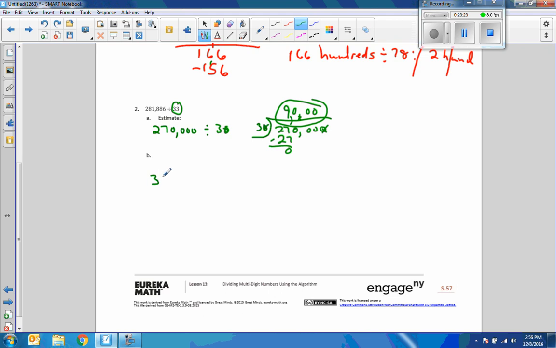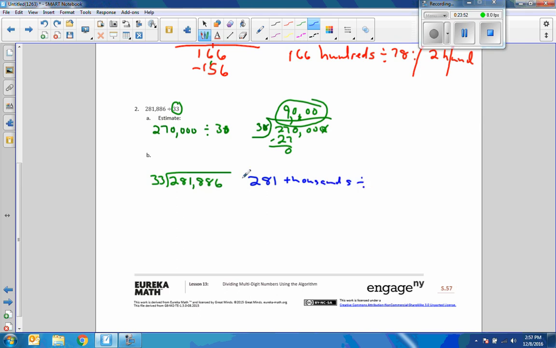Okay, now let's do the actual. So I'm going to take 33. Let's see how many times it goes into 281,886. 33 will not go into 28, so we're going to put it into 281. So I'm going to write 281, and there's 3 spaces past that, so that is thousands.